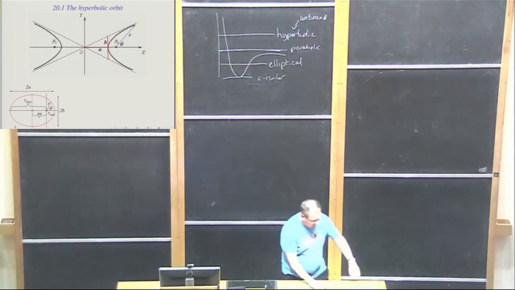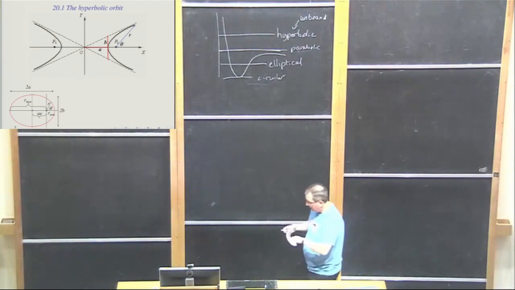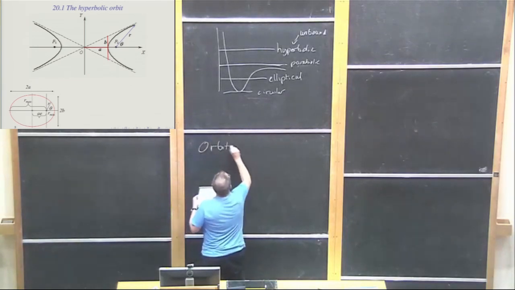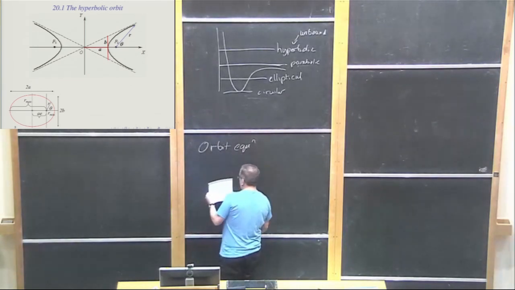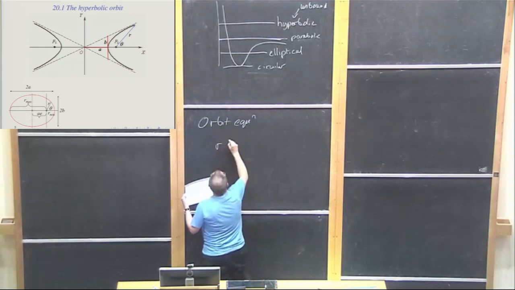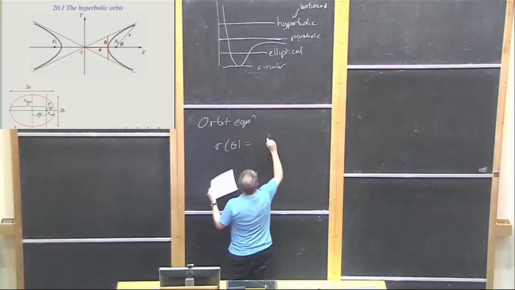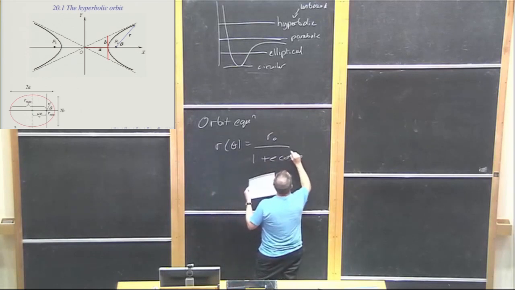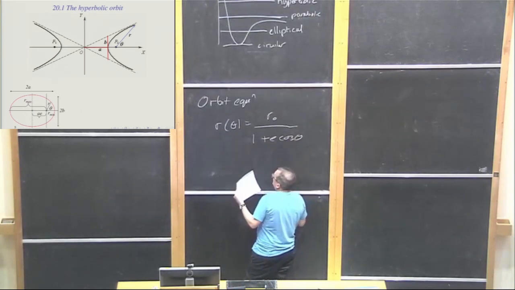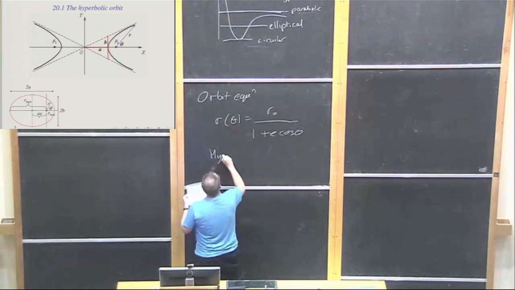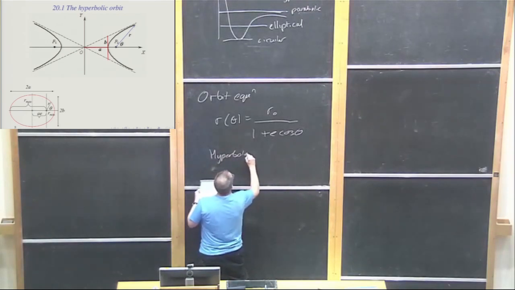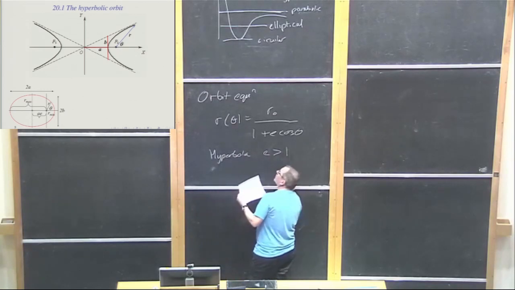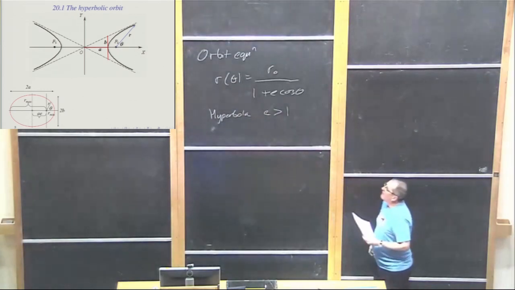So just to remind you of our key equation, our orbit equation, which is that r(theta) is equal to r0 over 1 plus e cosine theta. So for a hyperbola, we are dealing with the case where the eccentricity is greater than 1.